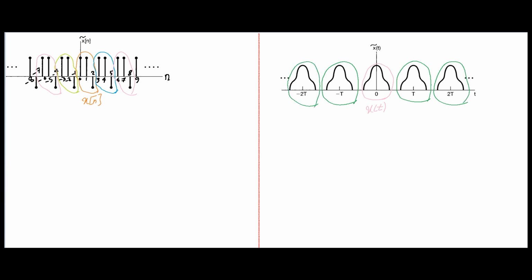One of the most important concepts in periodic signals is determining the period. For discrete time signals, the period is denoted by N, and for continuous time signals, the period is denoted by T. To find the period, we simply measure the time distance between two identical points in consecutive repetitions.